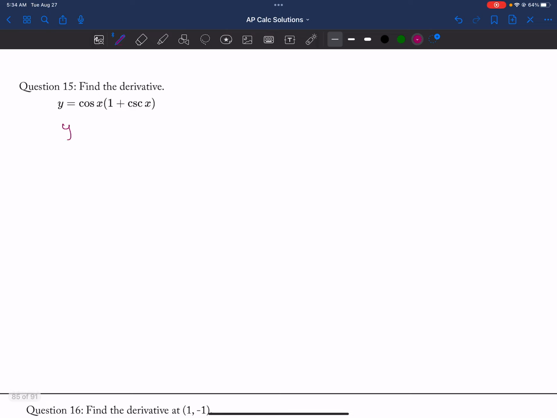All right, so 15. Oops. I guess you could distribute if you really wanted to, or you could leave it 1 plus cosecant x. Distributing does not eliminate your product rule, so I don't know necessarily if it would be helpful. Let's see, plus cosine times the derivative of cosecant, which is negative cosecant cotangent.